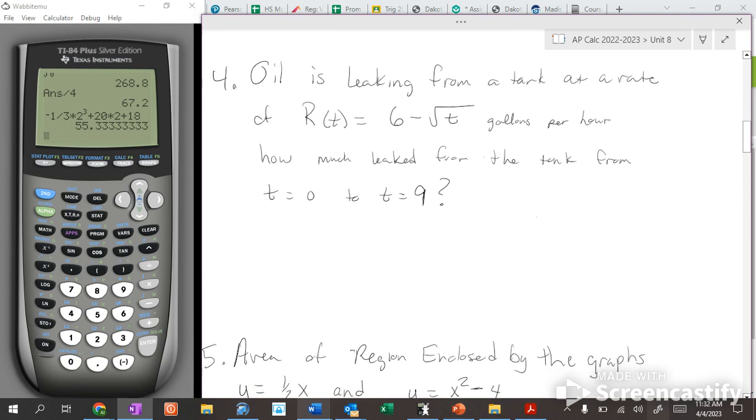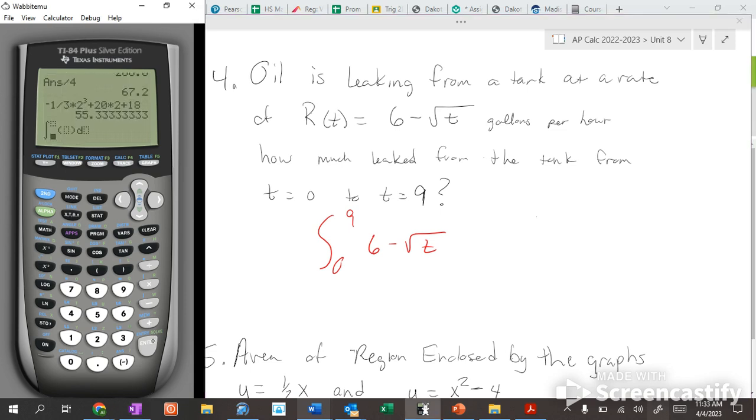Oil is leaking from a tank at a rate of R(t) equals 6 minus the square root of t gallons per hour. How much oil leaked from the tank from time equals 0 to time equals 9 hours? What do you think we do here? Integrate, because you're finding an amount. Integrate from 0 to 9 of 6 minus the square root of t. Okay, so math 9.